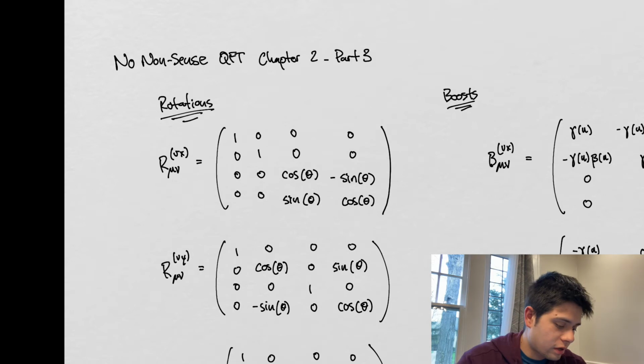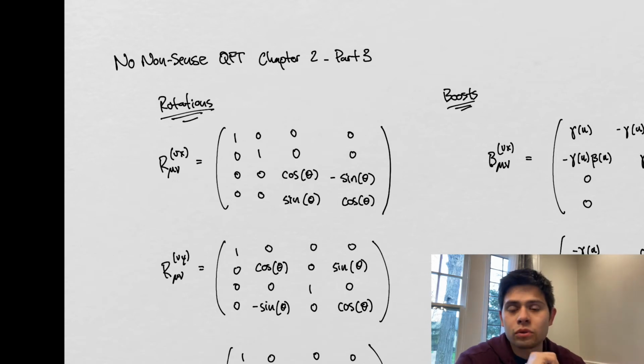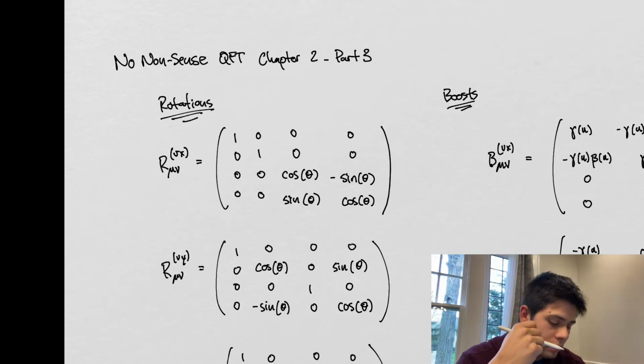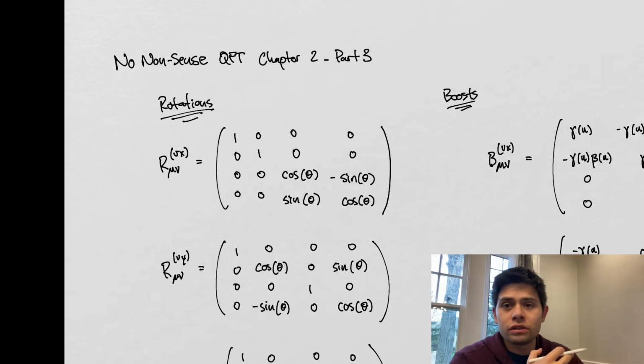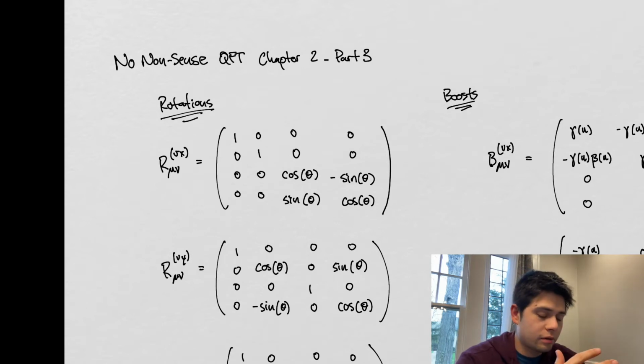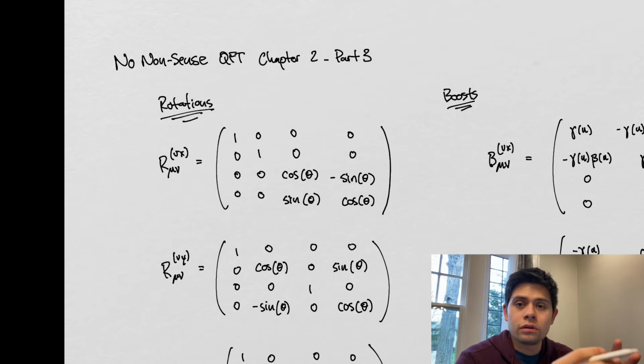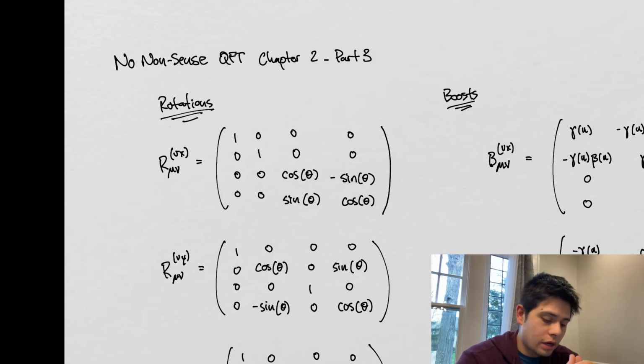So we're talking about, I think it's 2.6 now in the book, where we're talking about Lorentz and Poincaré transformations. A Lorentz transformation has to do with rotations of 4 vectors in spacetime, and a Poincaré transformation is a combination of rotations and a boost in spacetime as well.